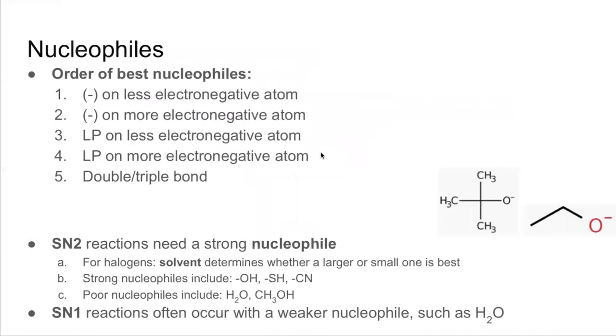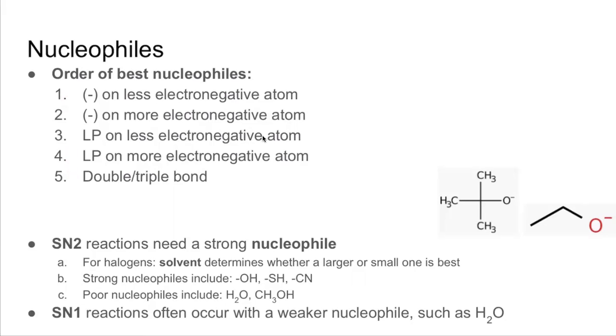So we've talked about leaving groups, and now is our chance to talk a little bit about nucleophiles, which are also extremely important for these reactions. The order of best nucleophiles to not as great nucleophiles is listed right here.